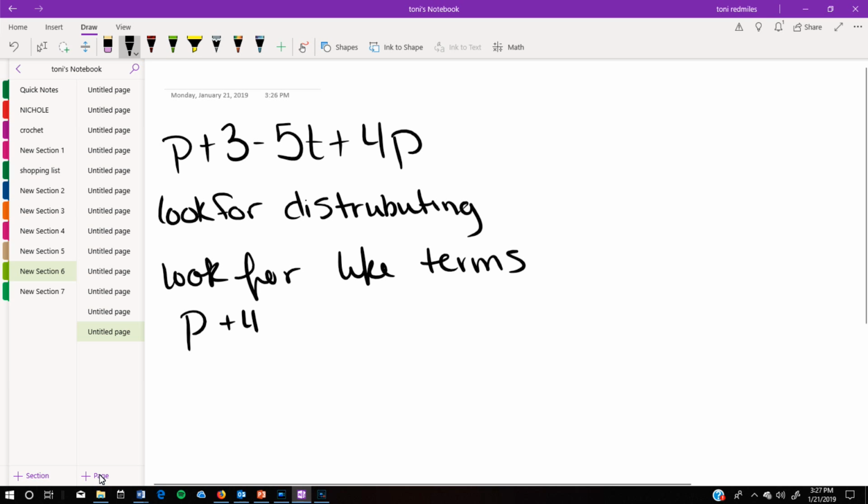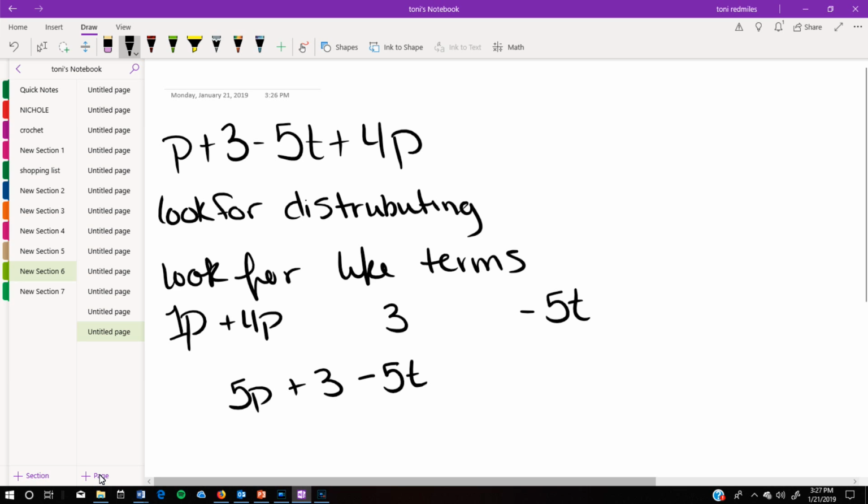P and 4P are like terms, and 3 is not like anything, and negative 5t is not like anything. So I combine my two like terms, remember, an understood 1. I get a 5P, bring down my 3 and my negative 5t. Okay, I don't have anything else that I can do after this, so I'm done explaining how to do this problem. It's now completely simplified. Oh, that was a bad circle.